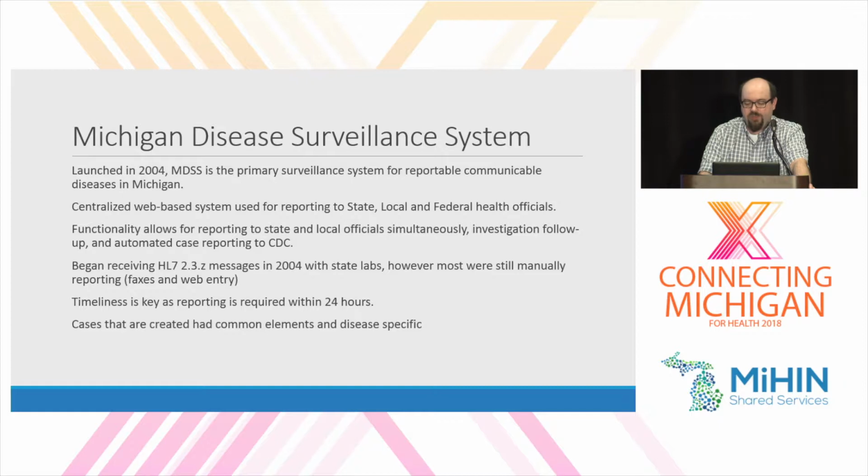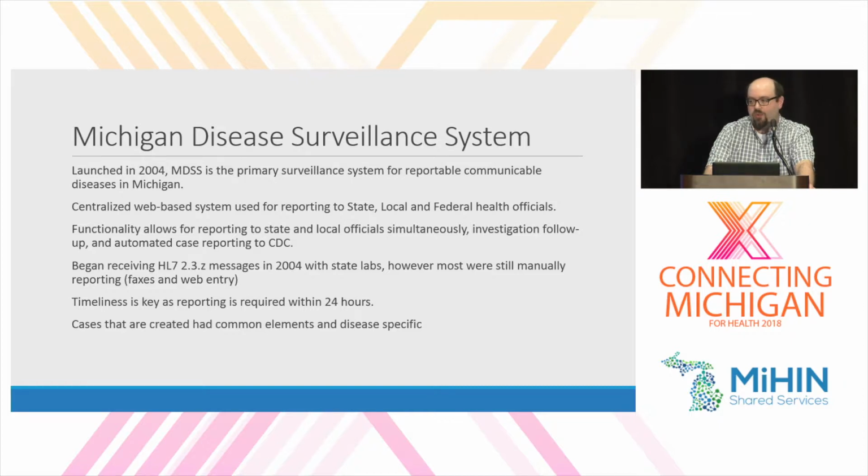The Michigan Disease Surveillance System is a primary surveillance system for reportable conditions in the state. And that statement on its own might be a bit intimidating. Reportable conditions are conditions that when a physician sees them or a lab discovers them, they should be reported to the state.